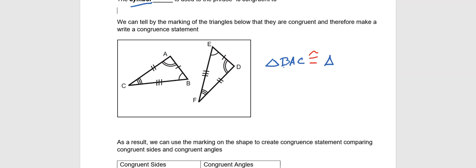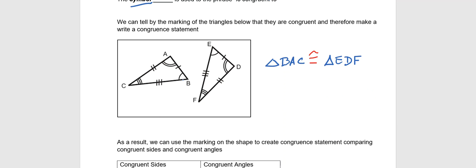So we're going to say triangle BAC is congruent to triangle. We're going to start at the single arc angle, since that's where we started on the first: angle E. We're going to move on to the double arc angle, D, and then we're going to move on to F.